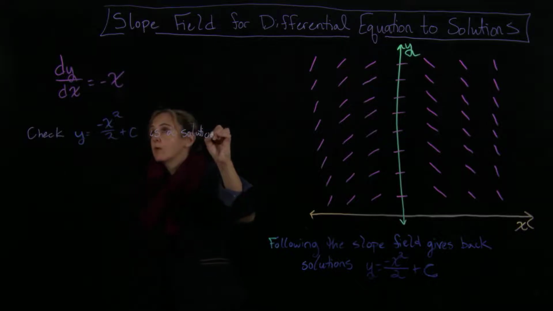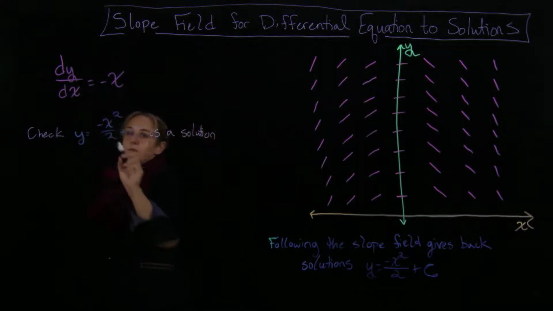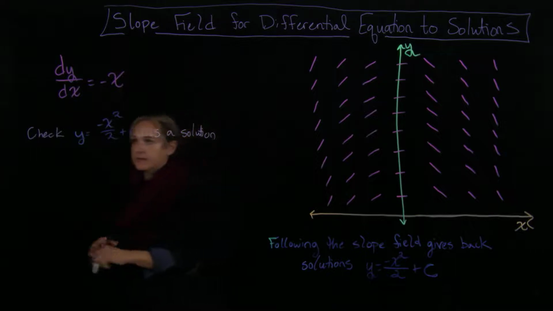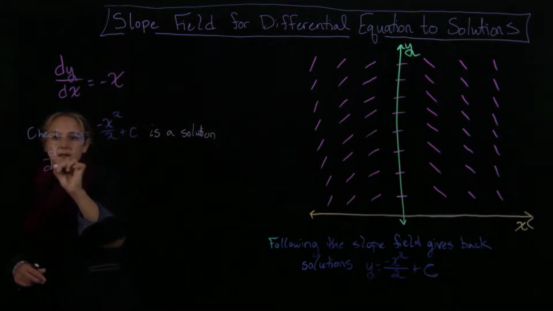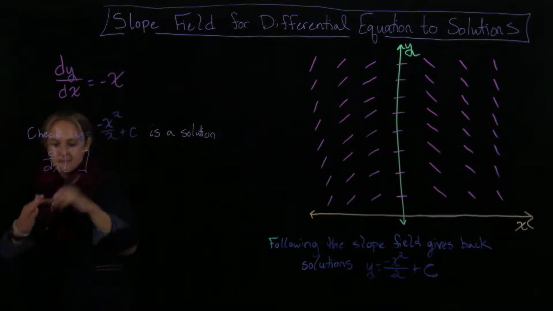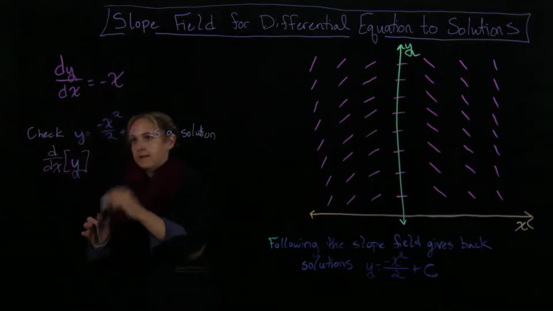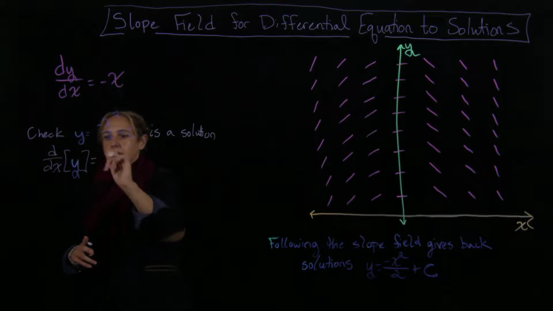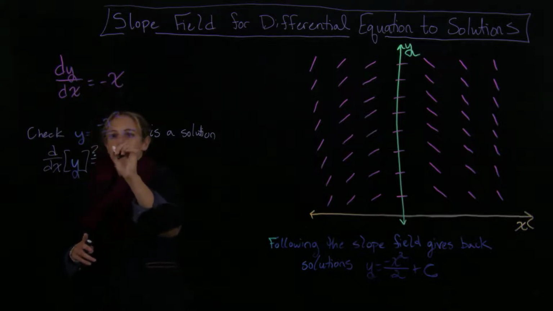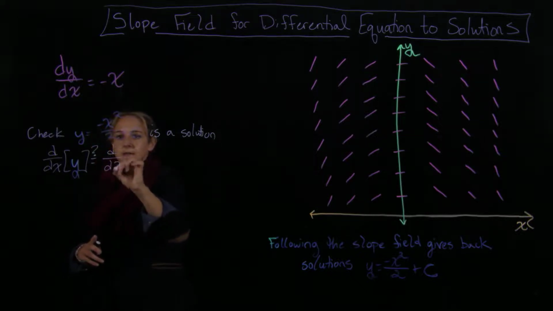What I want to do is take the derivative with respect to x of both sides. So I'll take d dx of this side, y. In theory, this should end up equaling, this is a question mark, d dx of this side.